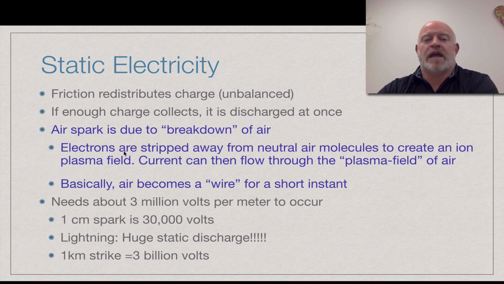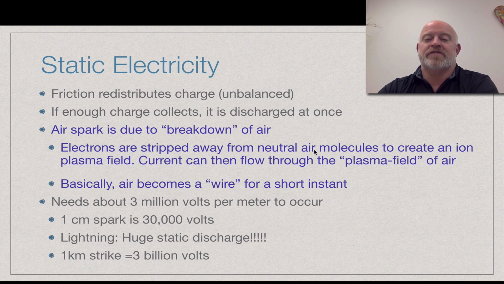So what happens with these extra electrons is, first, along the air molecules next to it, some of those electrons get stripped away. So these neutral air molecules in the air have electrons stripped away from them. That creates ions in the air, so ionized gases. Another name for ionized gas is a plasma.